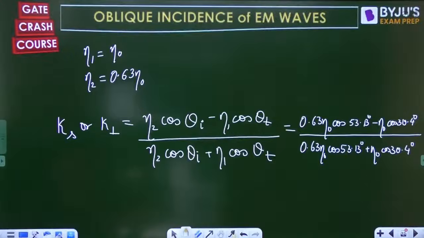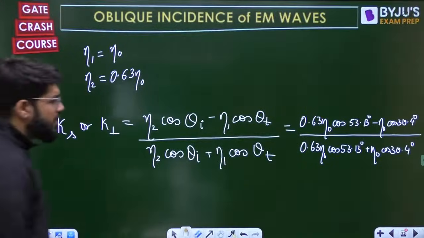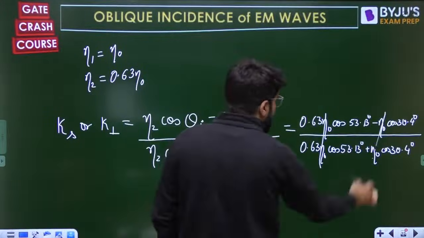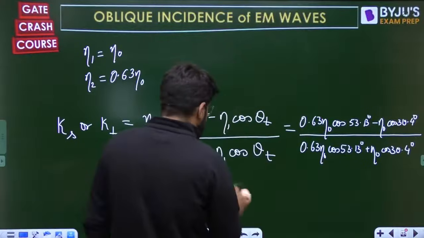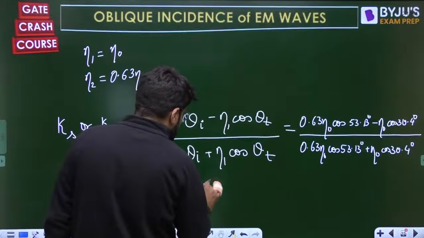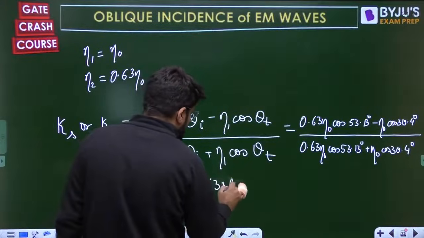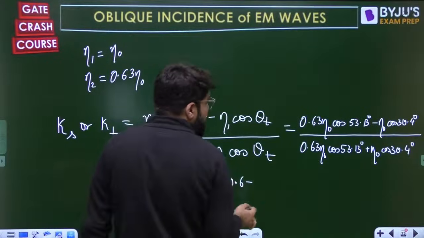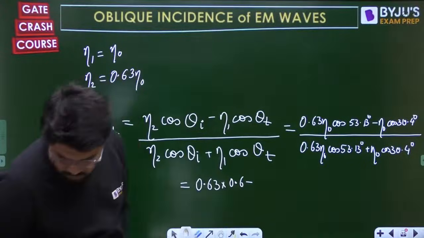So eta naught can be common and cancel. Let's place down the values: 0.63, cos 53 was 0.6, minus, eta naught cancelled, cos 30.4.